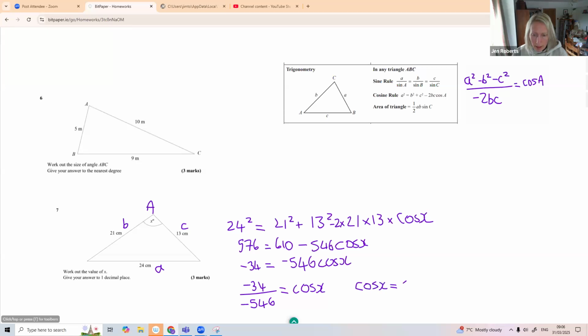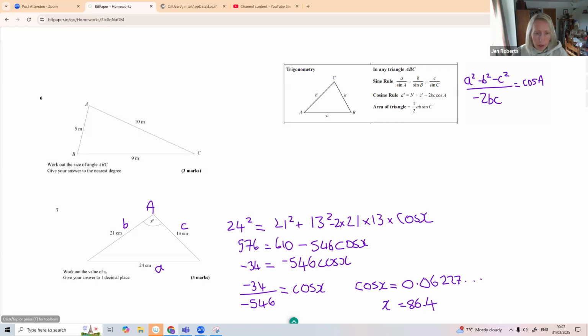Cos x is 0.06227. Cos to the minus 1 both sides. To 1 decimal place, x is 86.4.